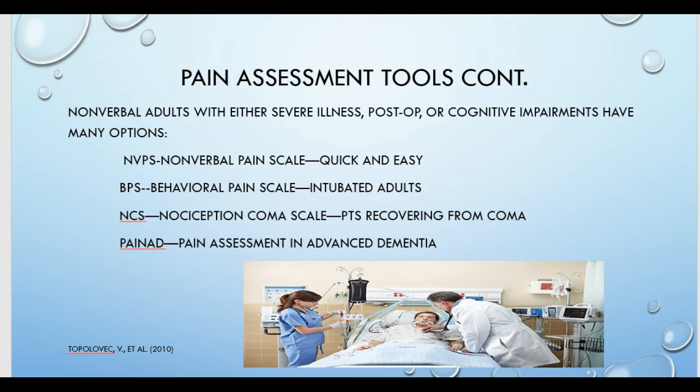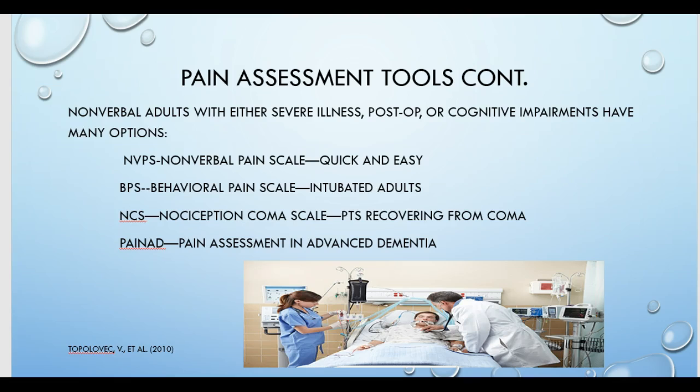So with the NCS, what is being assessed is their observations with their motor responses, verbal responses, visual responses, and facial expressions. And these are rated from 0 to 3 for each of these 4 categories. And it can give you a really good idea of what they may be experiencing and a level of pain.